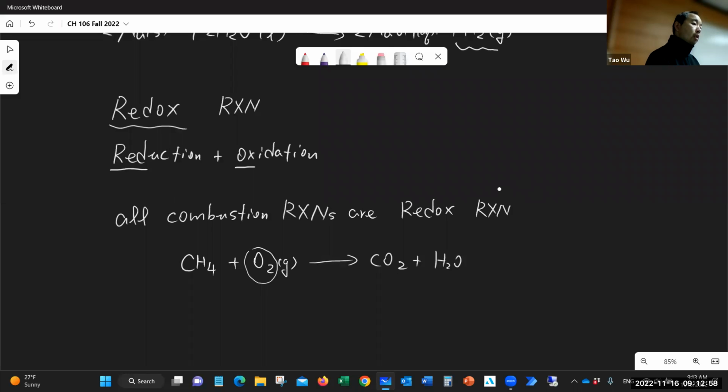And you can see in the future, if you see oxygen in the reactant, it doesn't matter what kind of reaction, as long as it contains oxygen, it definitely is a redox reaction. Okay, that's for sure.